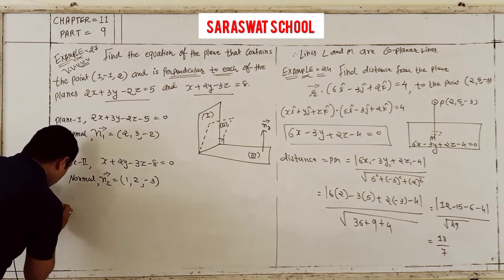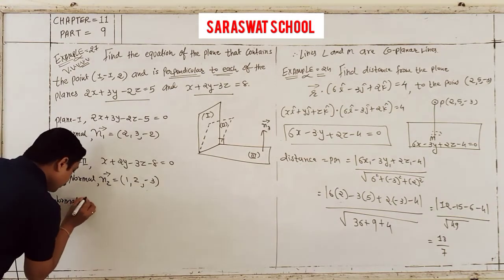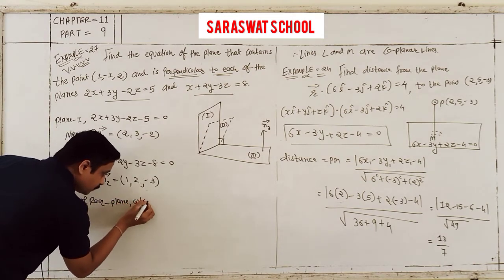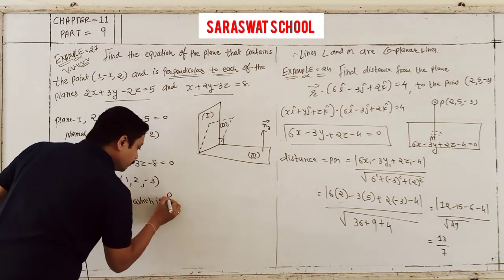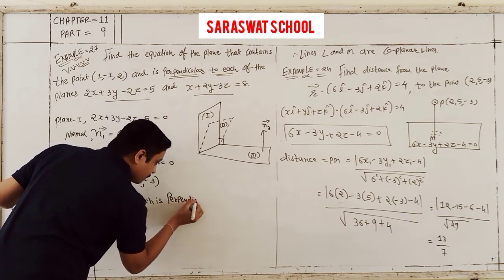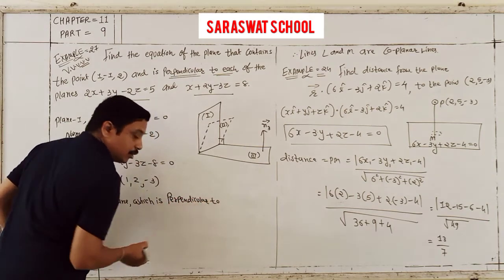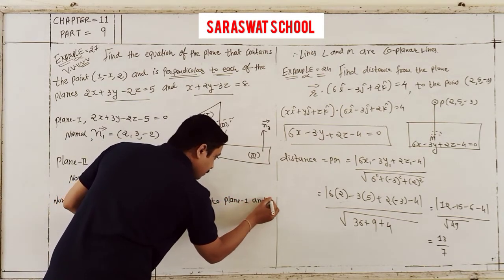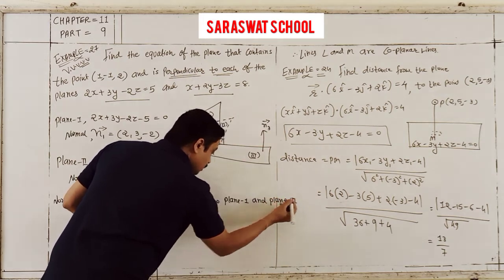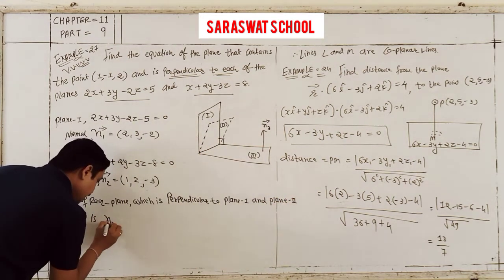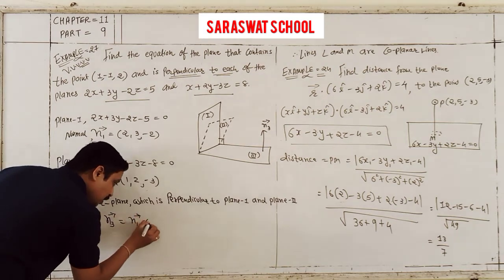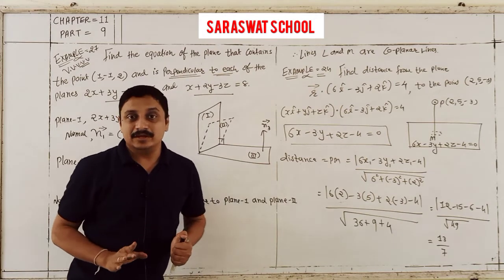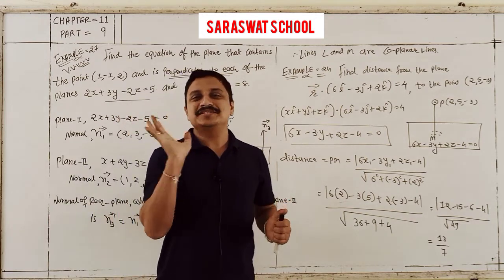So the normal of the required plane, which is perpendicular to plane 1 and plane 2, is n3, easily n1 cross n2. That's the main point. Students, in your textbook a different calculation method is given, that is also true, but this is very easy.